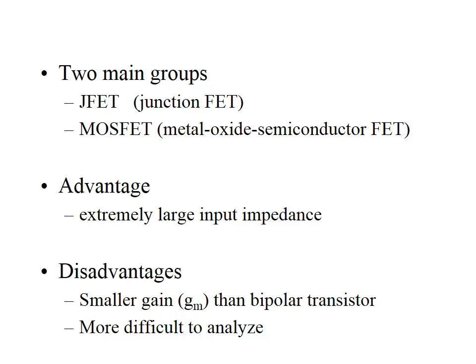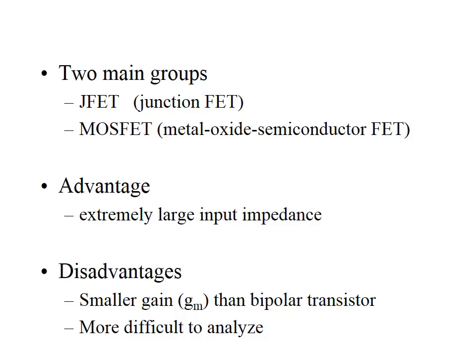A good example is the microcomputer, or the computer in general. In a computer, we need switching at a high frequency, and unfortunately, the BJT transistor is not suitable for high frequency switching. So that's why this transistor was invented, and it is suitable for this task.